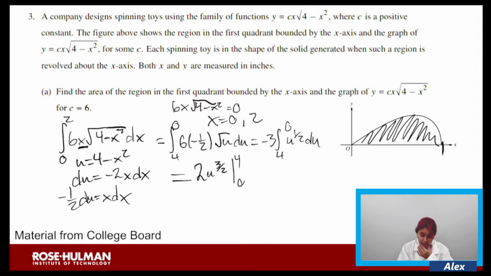Since you have 0 and 4, you would go ahead and switch the sign and switch where you are evaluating the integral. And you have 2 times 8 equals 16 as your final answer for the area under that graph.